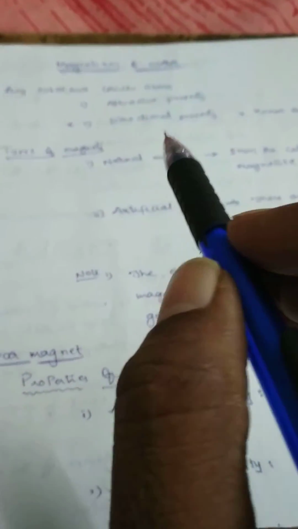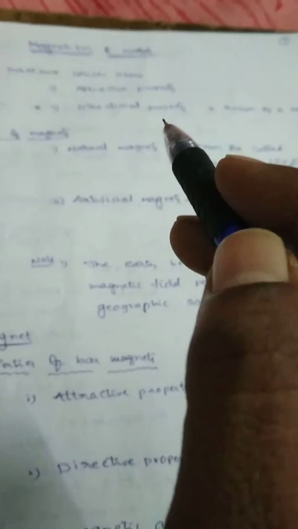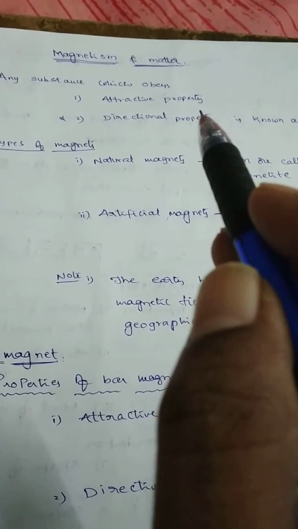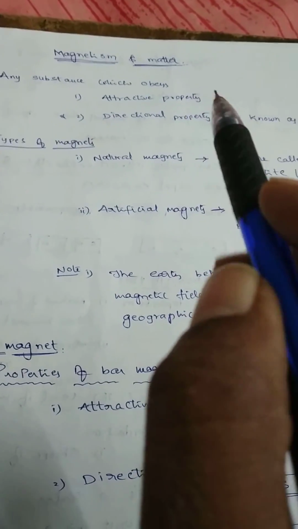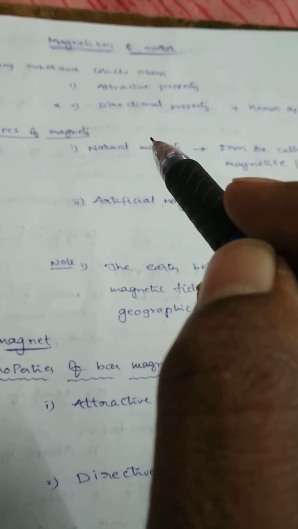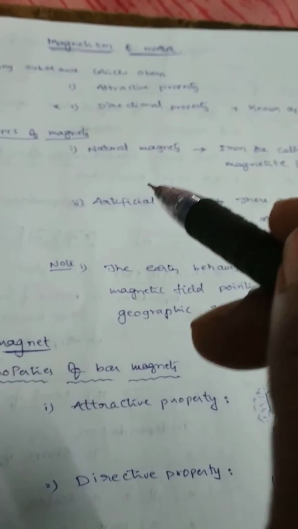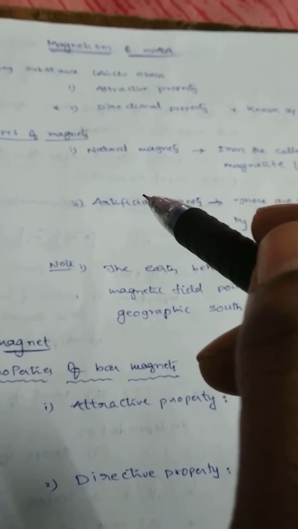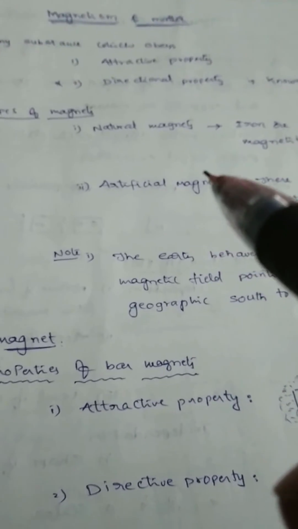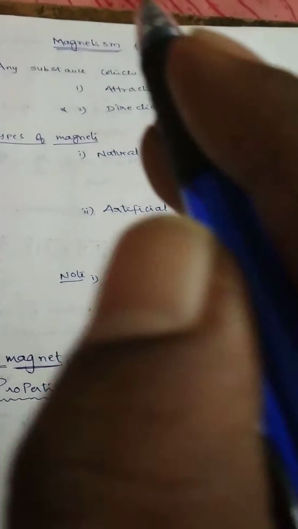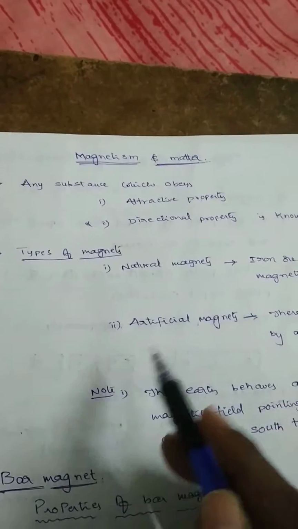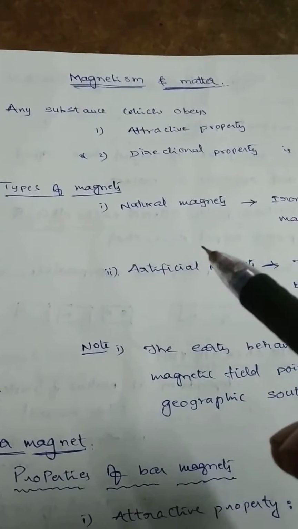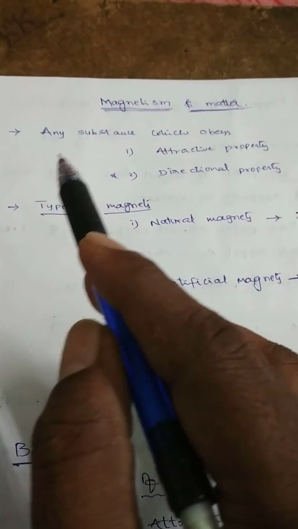That's why they are generally not used. But some artificial magnets are widely used in various electrical appliances. So, all this concept is only an introduction about magnetism.